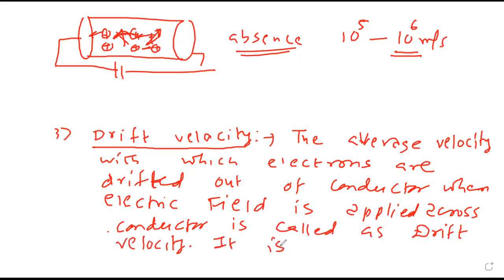It is in the order of 10 raised to minus 4 meter per second. Right. Generally, we feel it is very large. No, it is small because it is colliding in between. Right, drift velocity. Then we will derive formula.